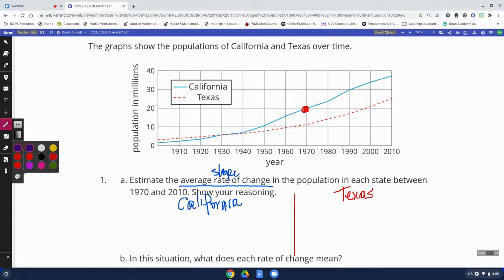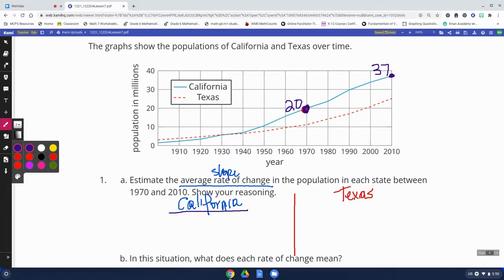So right here, 1970 looks like it's about 20 million people, right? In 2010, it's a little bit more than halfway. I don't know, probably about 37 million people, maybe. Right? You have some leeway there because it's not exactly exact, right?